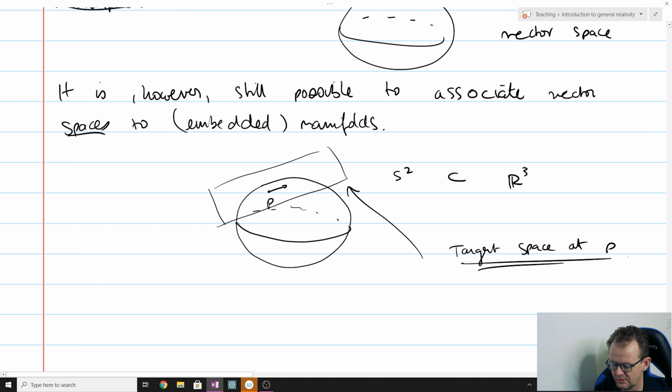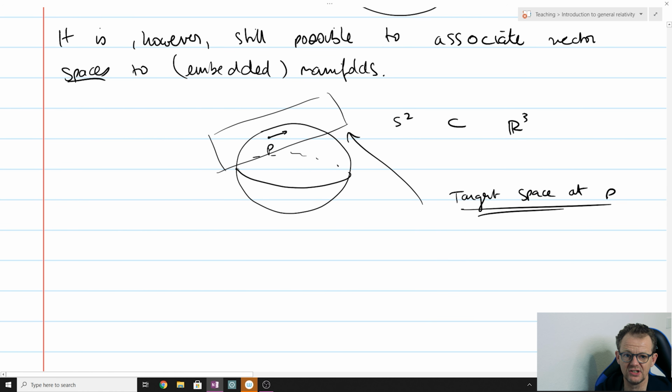So this two-dimensional hyperplane, also called the tangent space at P, is a vector space, right? Even though S2 is not a vector space, we lost that structure, we still locally, if you zoom in, S2 looks like R2, and you can associate this tangent plane to it, and this tangent plane most certainly is a vector space, or a vector subspace of R3.